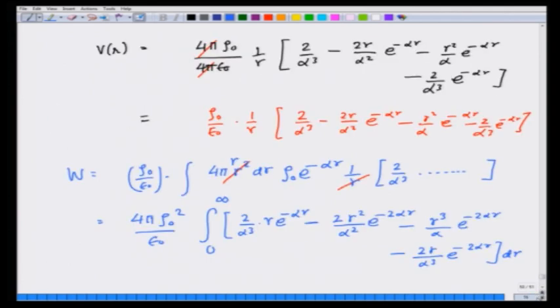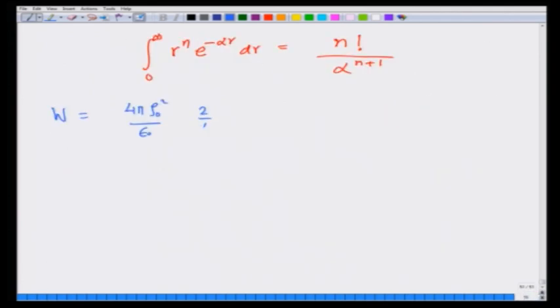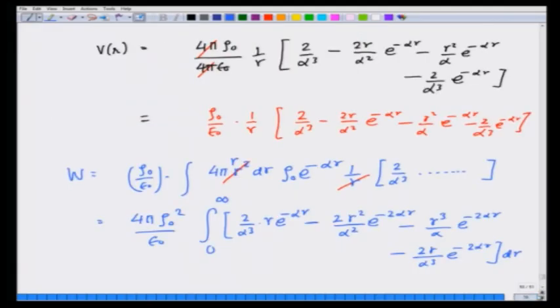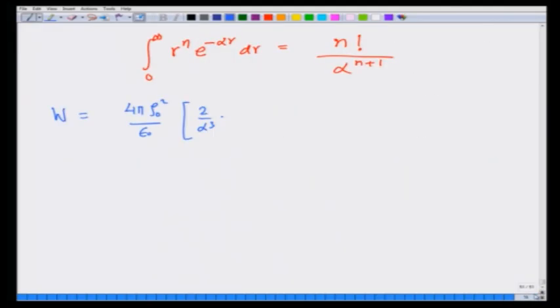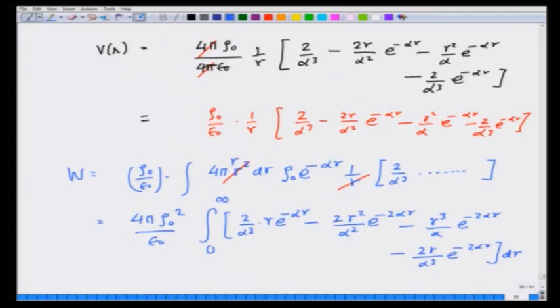The first term gives me 2 over alpha cubed times r e raised to minus alpha r, and therefore it is 1 over alpha square, minus 2 over alpha square r square e raised to minus 2 alpha r. So, that is going to be 2 factorial divided by 2 alpha cubed. The next term is minus r cubed over alpha.